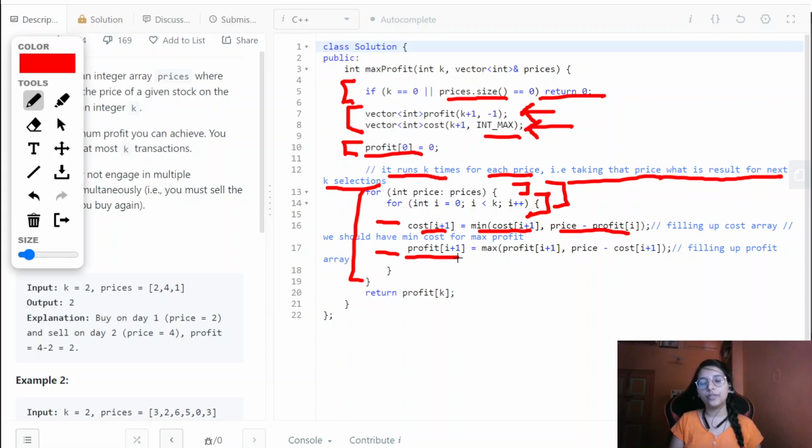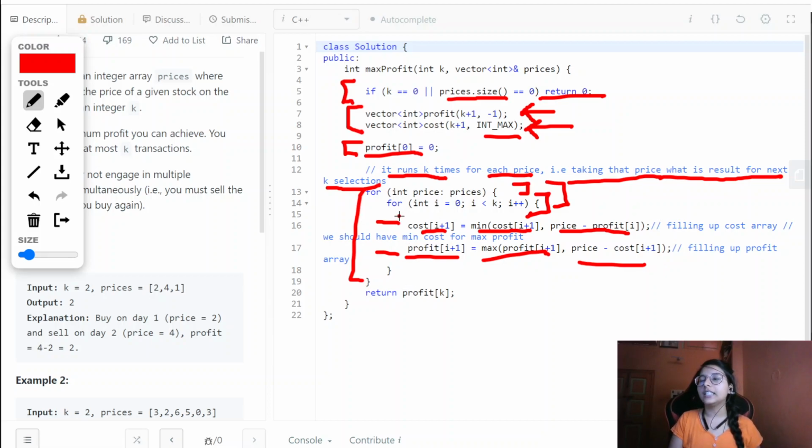And this is the profit of i plus 1. That simply means what profit we can make by selling the stock at the next price. So we will check the next profit which we can earn, or the price minus the cost of buying that particular stock.